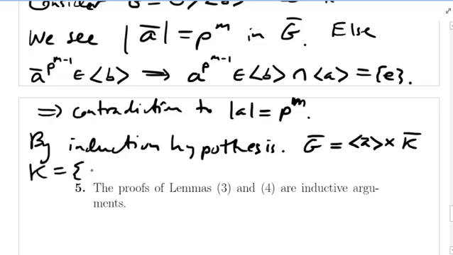So the K that we're going to be interested in is going to be the pullback of K bar, where the pullback is under the natural projection homomorphism from G to G bar.